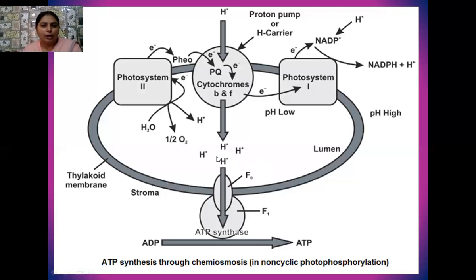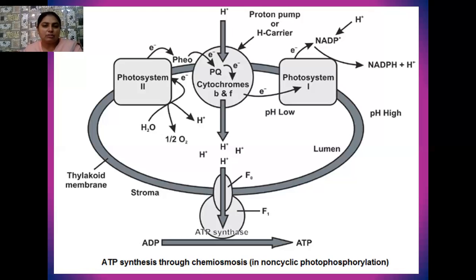These protons enter the F0 F1 particle and release a certain amount of energy, and as a result the ATP synthase enzyme gets activated. Finally the F1 particle releases that proton outside into the stroma, and the energy given by that proton to the F0 F1 particle is utilized in producing ATP.